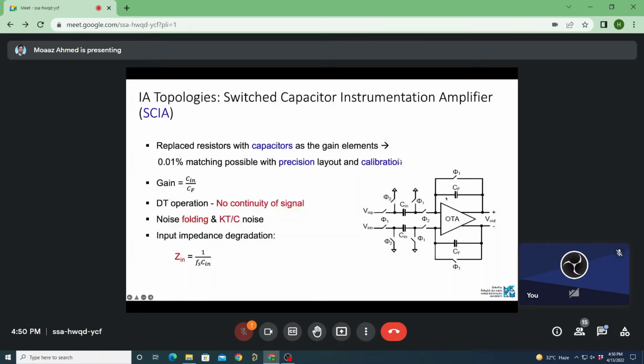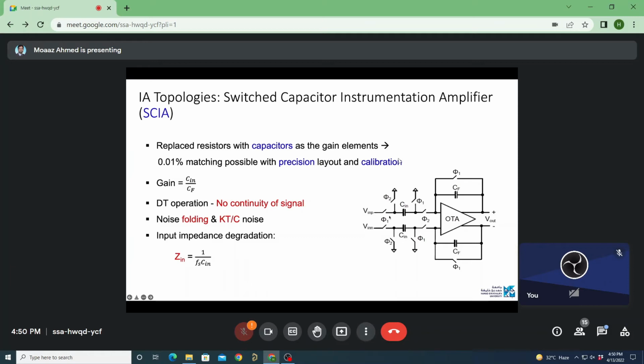Since this is again a discrete time operation, because you are sampling, you have opening and closing of the switches, so the continuity of the signal is not available. So again, noise folding and kT/C noise will occur because this is a sampling operation.